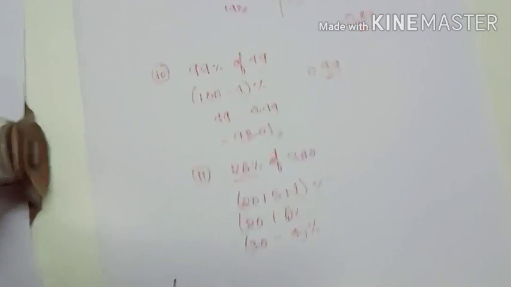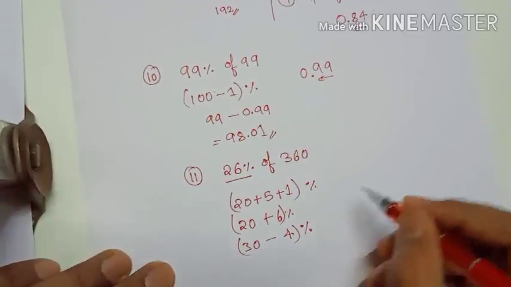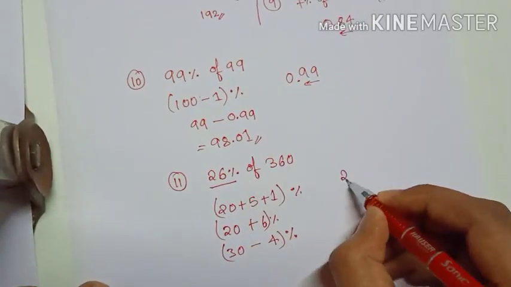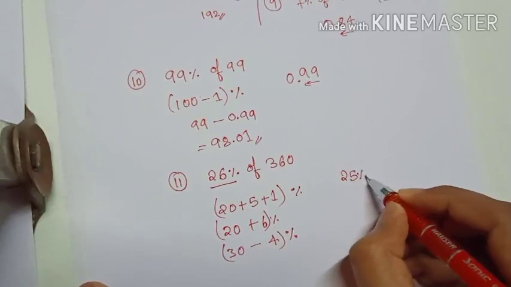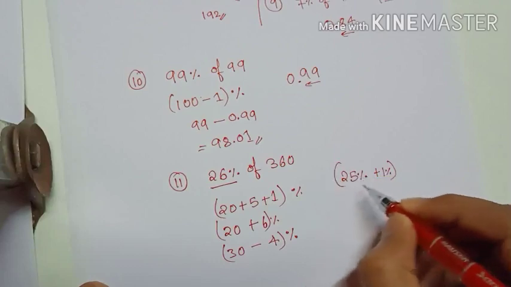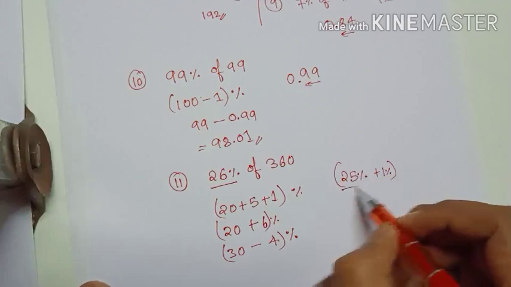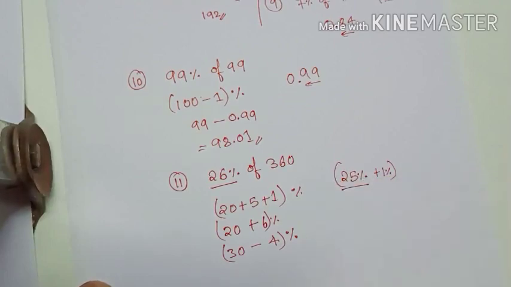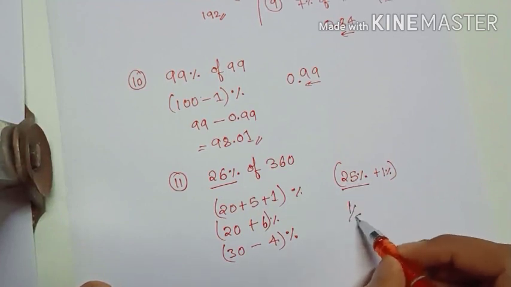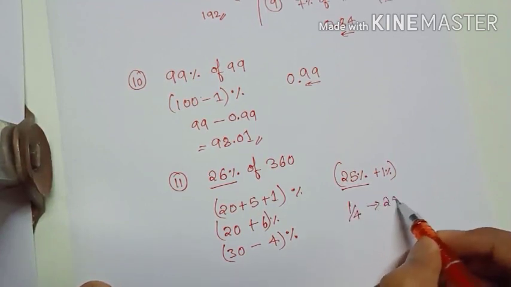Right? So now listen here, 26% of 360. First what I will do, I will split it as 25% plus 1%. This is very easy. Now you will be thinking how I have to calculate 25%. See, this is very easy. 25%, 1 by 4 represents 25%, yes or no?